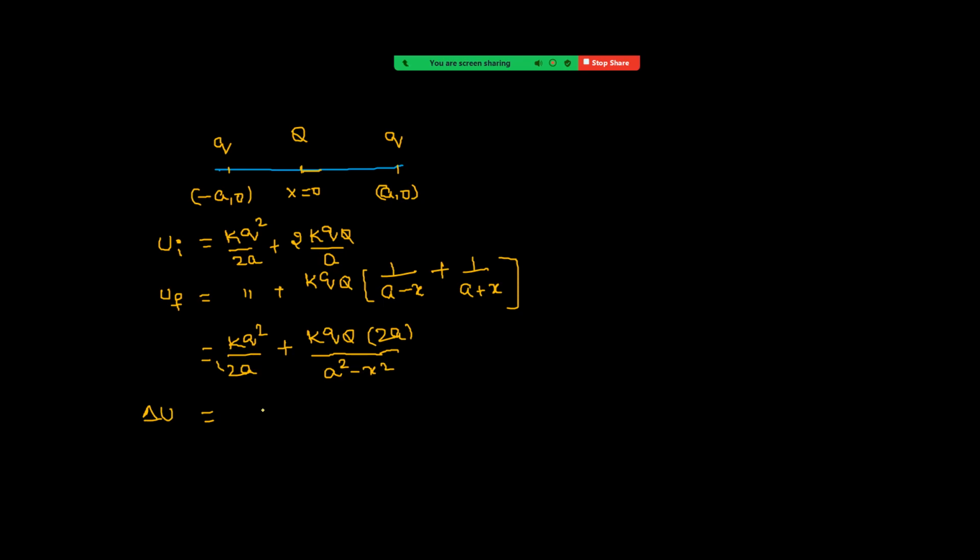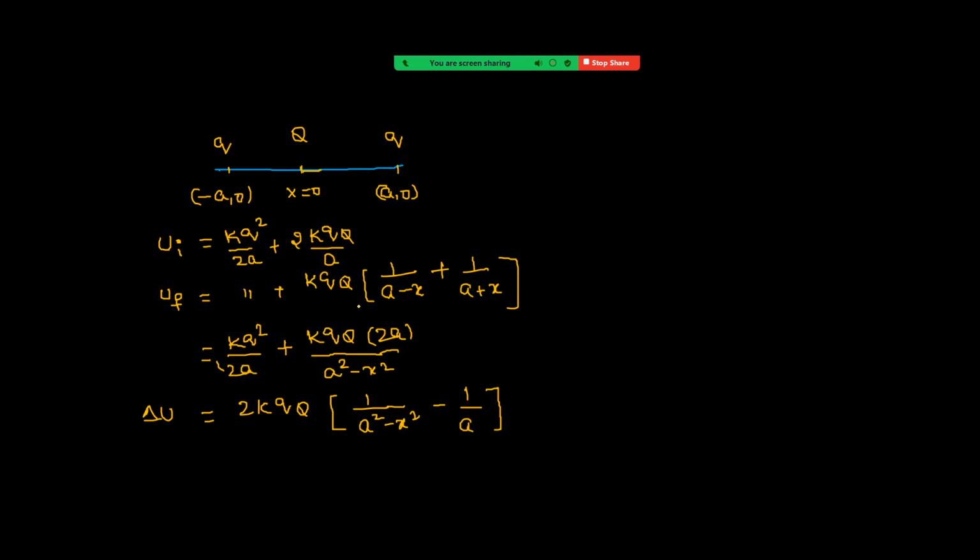Okay, now see the calculation carefully. Here what I can do is take 2kq common. Remaining is now 1 by a square minus x square, minus 1 by a.